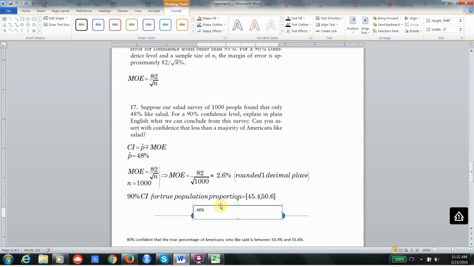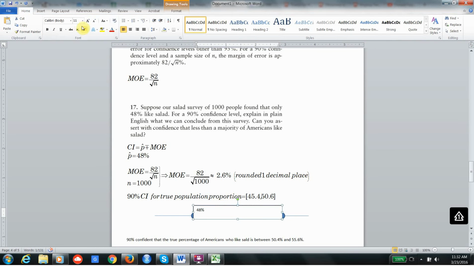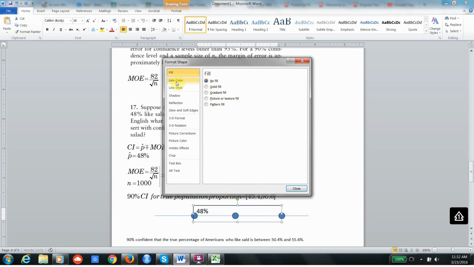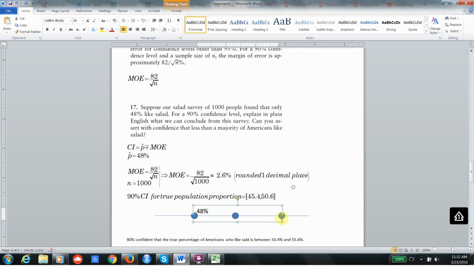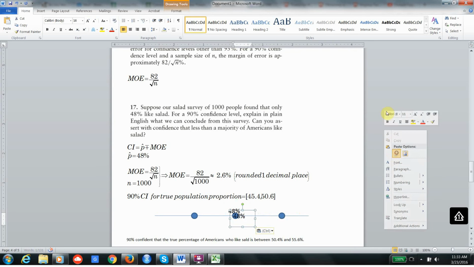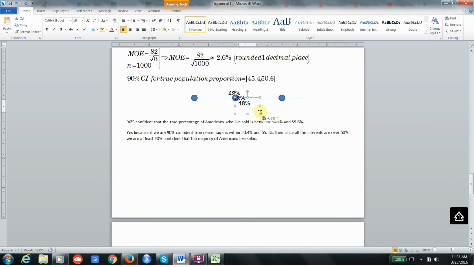Make this a little bigger. Okay, so this is my p hat, right? This is 50.6 right here.